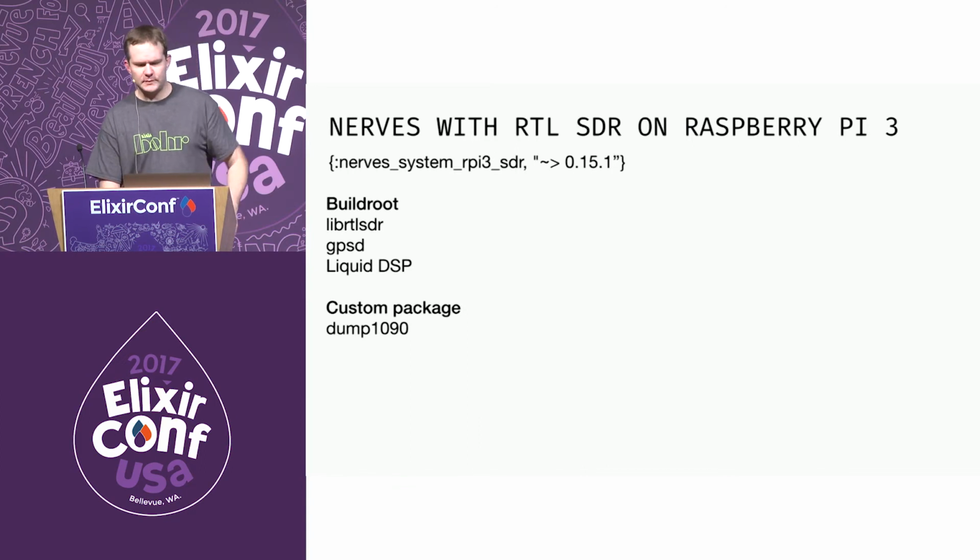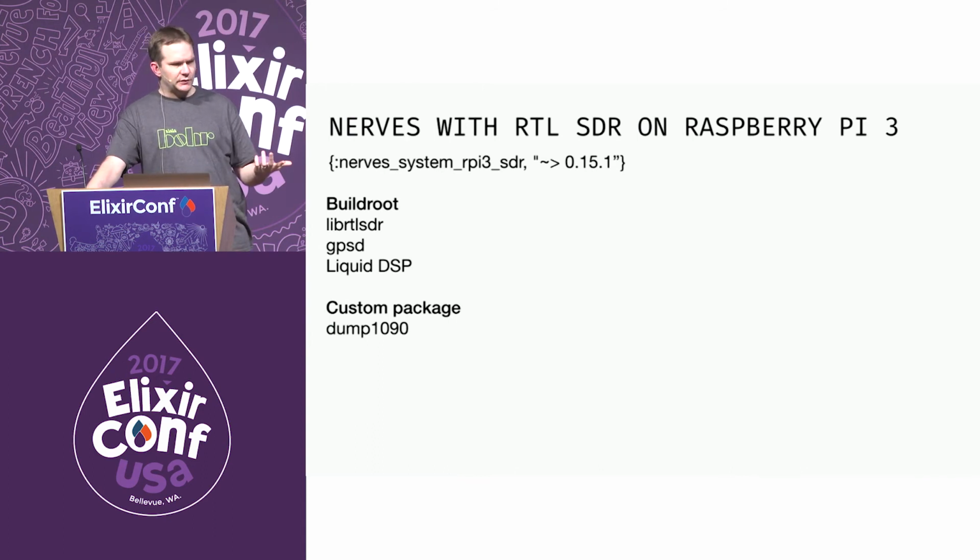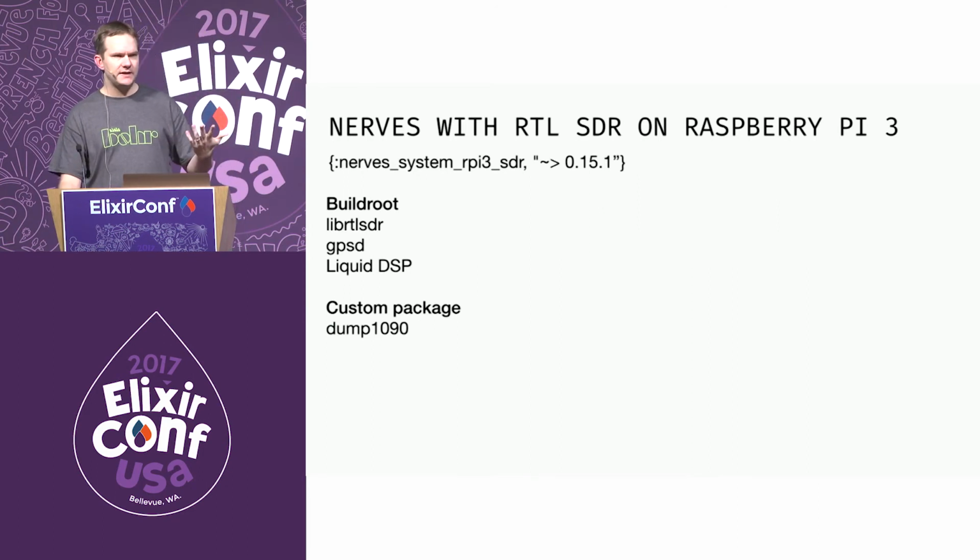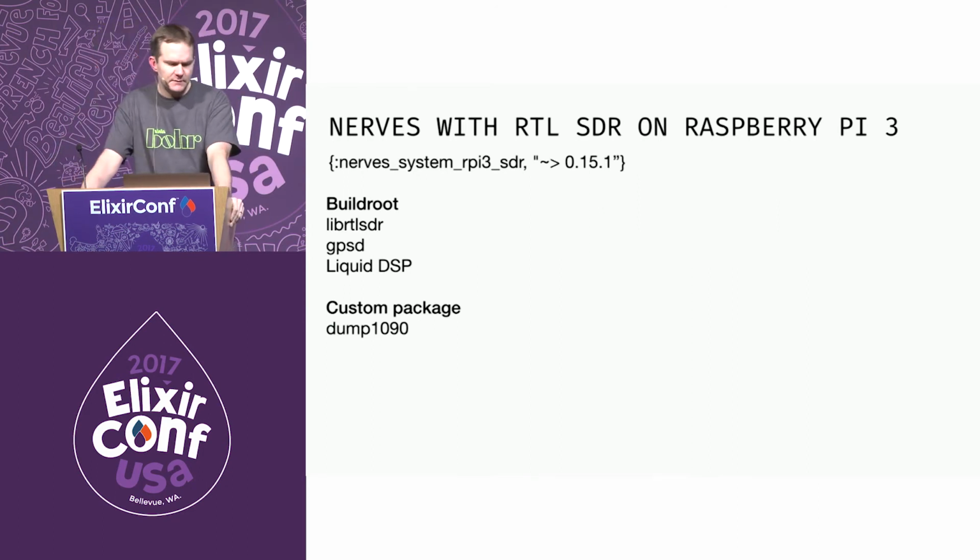Cool, all right, so let's talk about Nerves. The main takeaway I wanted to bring to this talk about Nerves is that, as I was building this application, I had to get this dump1090 application into my code somehow, and make sure that when this thing is pushed onto the Raspberry Pi, it has dump1090 available.